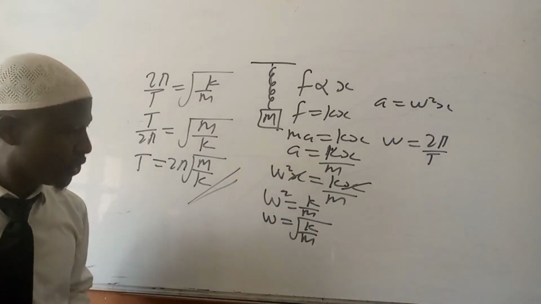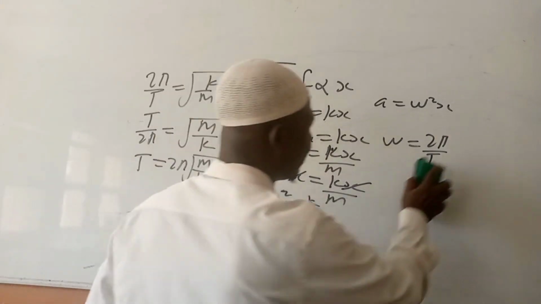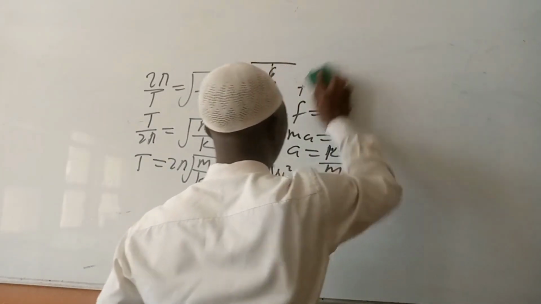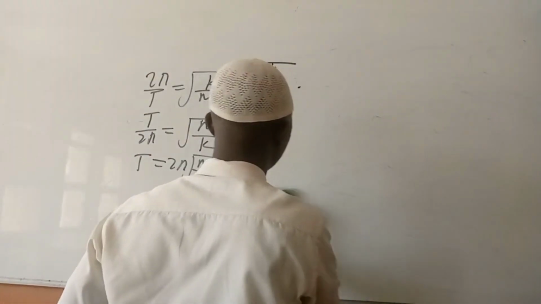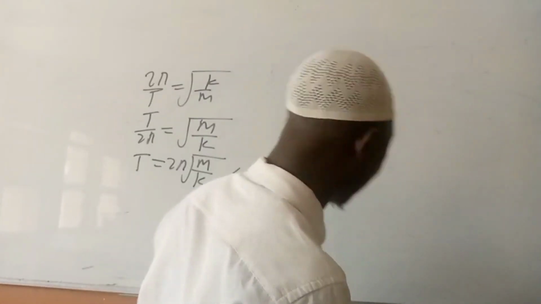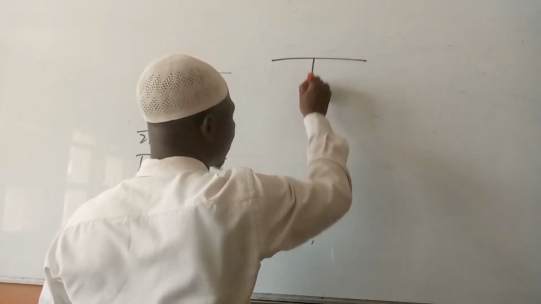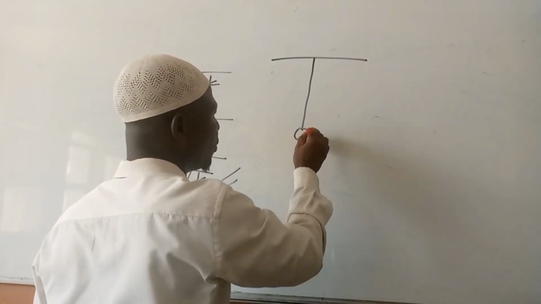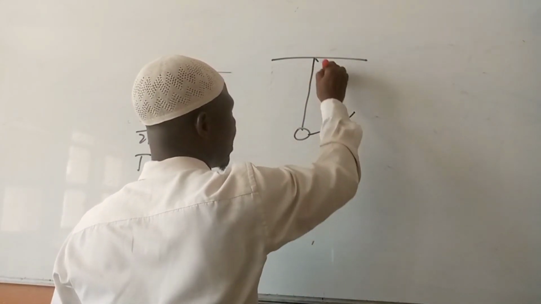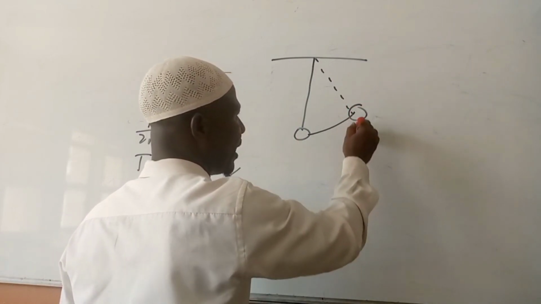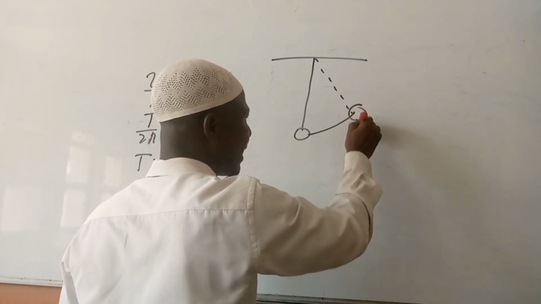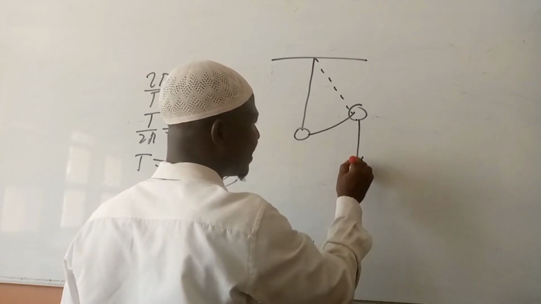Now, let's go to the other one, that is when you are using a simple pendulum bob with thread. In that case, you have this, and we have your thread. This is the body. When you displace it to this place, the weight of it will be acting downward like this. That is mg.